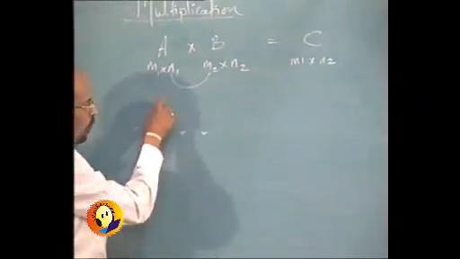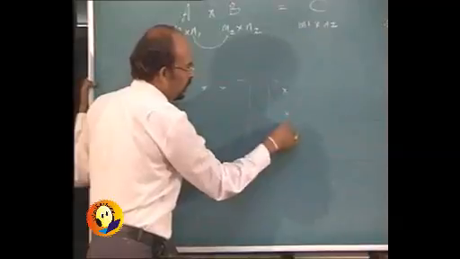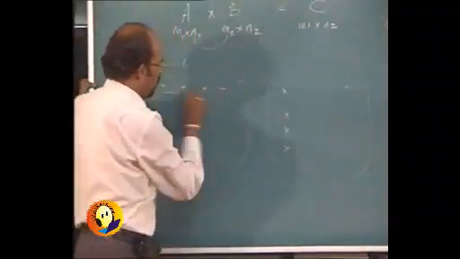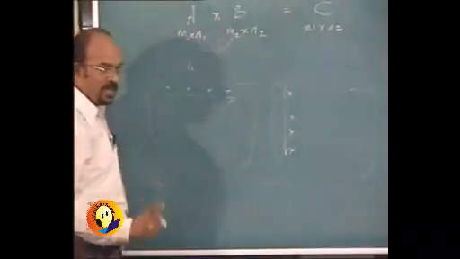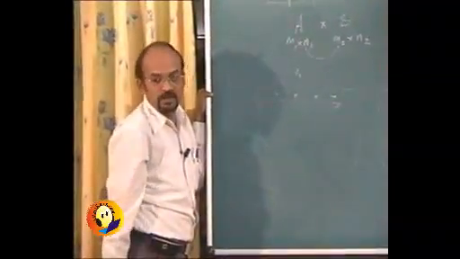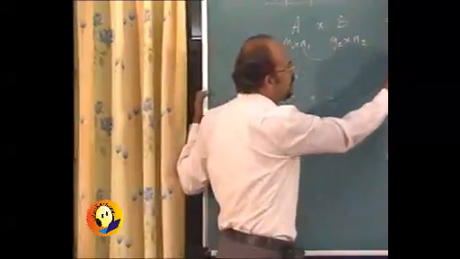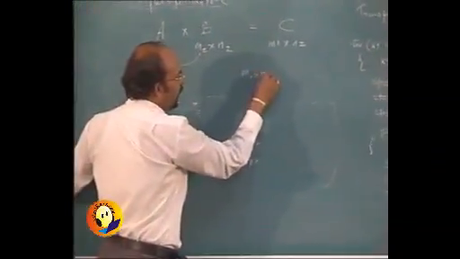If there are 4 columns, multiplying 1, 2, 3, 4 elements, first row, first column will give us one value in the resultant. So how many values are there in the resultant? M1 into N2 values.